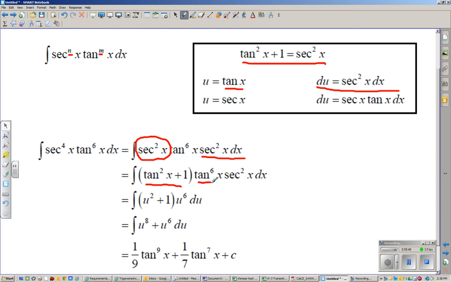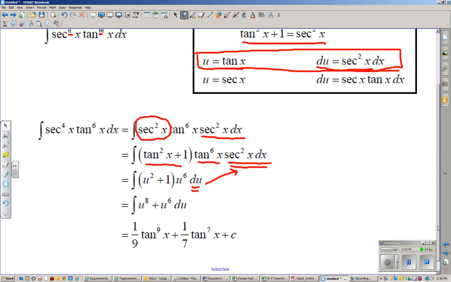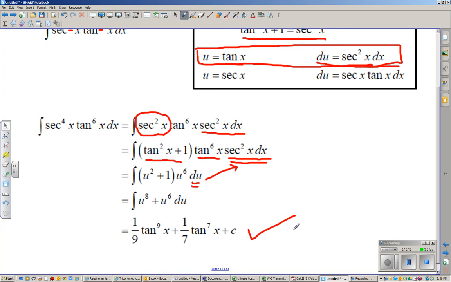Tan to the 6th is as it was, and here's that peeled off sec squared x. So now I'm going to use these relationships here, right? I'm going to let the u be the tan, and I'm going to let the sec squared x dx be the du, right? So that takes the place of all of that, right? And multiply through, and then evaluate and back substitute, and I've got it.